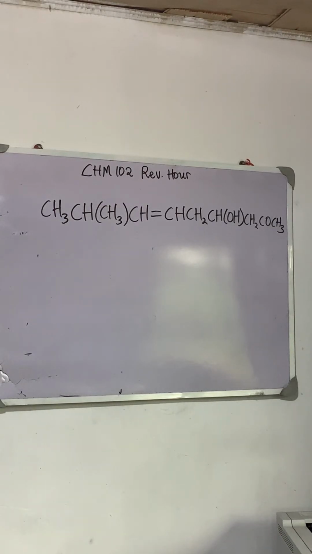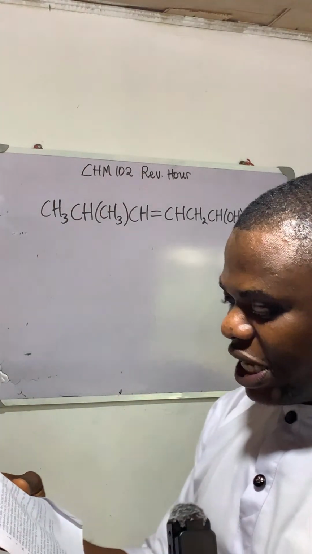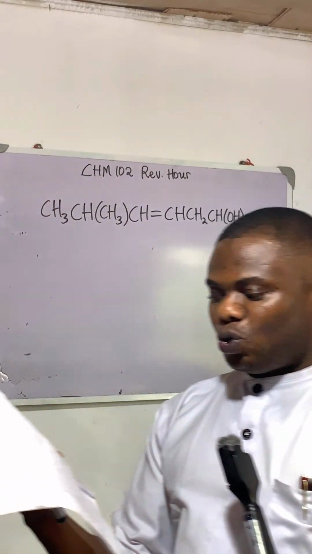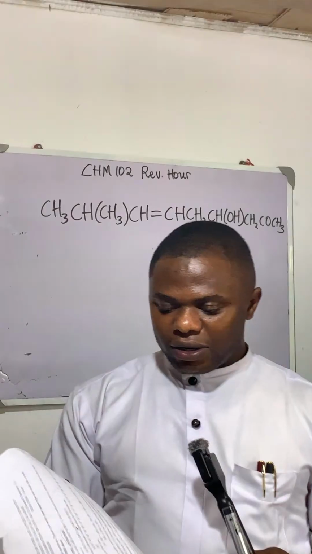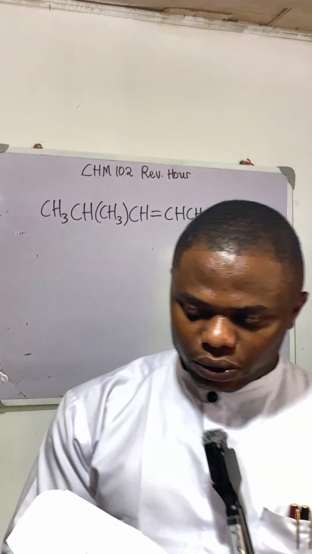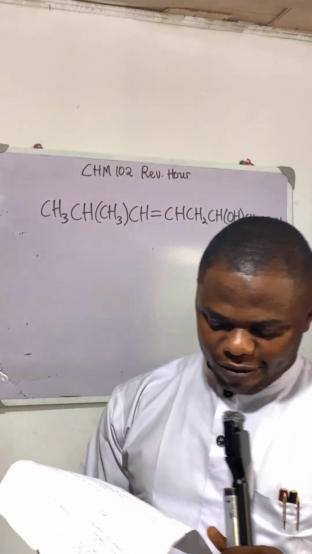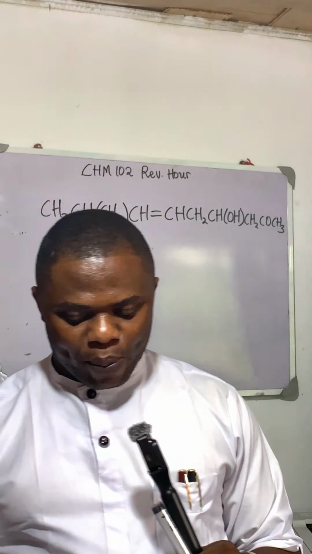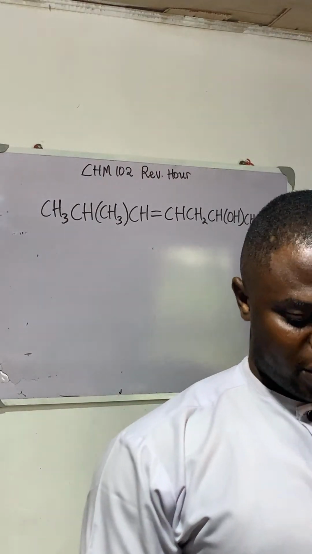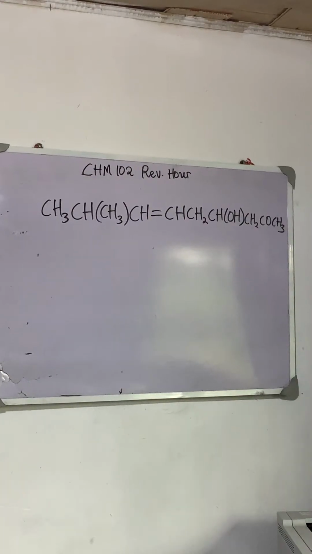Option A says 4-hydroxy 8-methyl non-6-en-2-one. B says 2-methyl 6-hydroxy non-5-en-2-one. C says 2-methyl 8-oxo non-4-yn-6-one. And D says 4-hydroxy 2-oxo 2-methyl non-4-yne. So all these are the possible options that they gave.